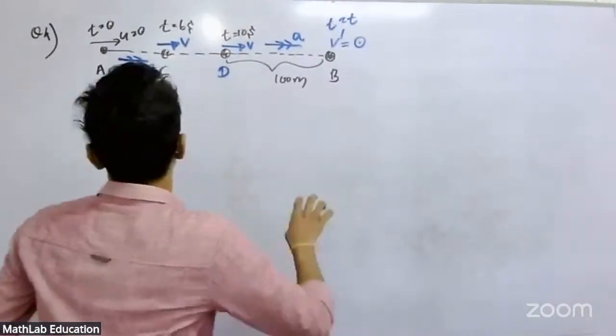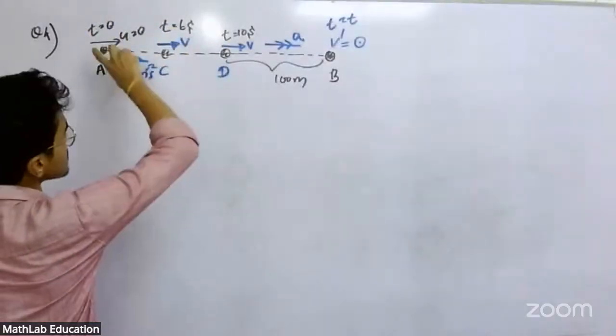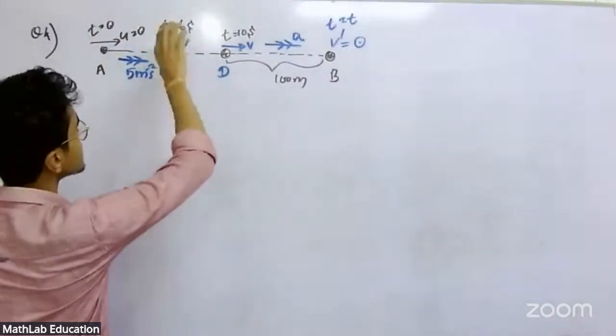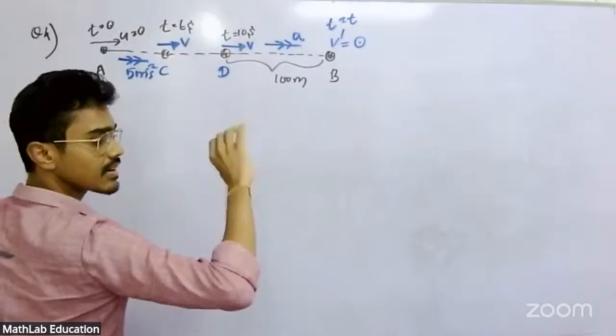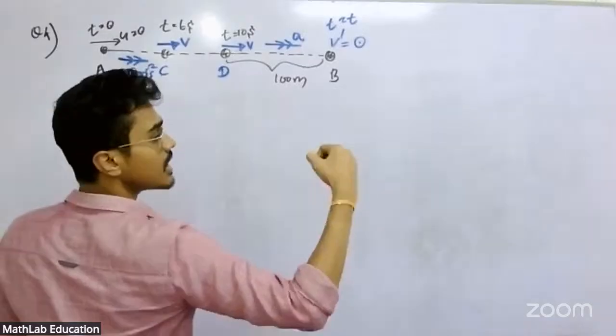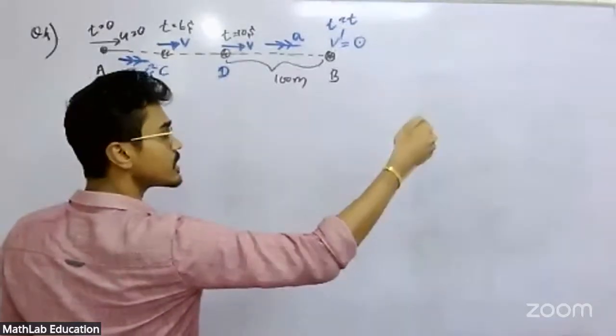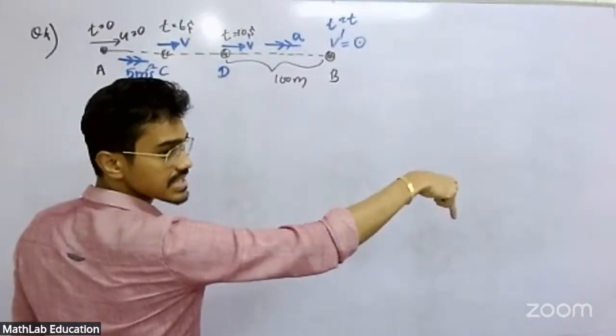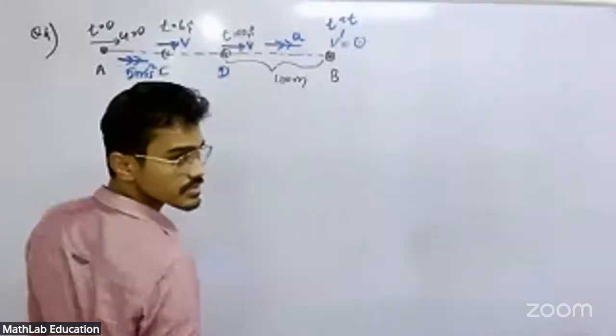So simply A to C motion is an acceleration. And at C, it has gained the maximum velocity, because that is the end point of acceleration, there is no more increase for the velocity.